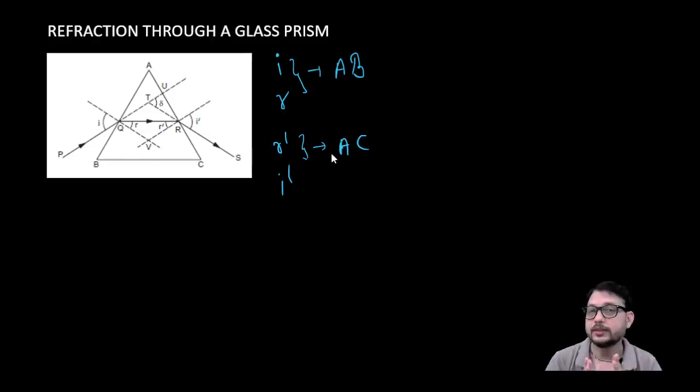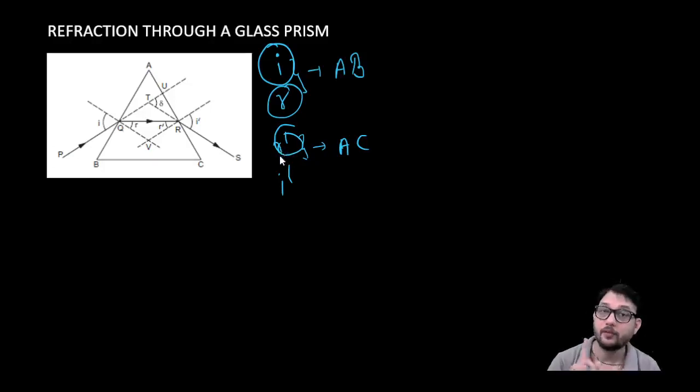Now these are symbols. You know very well that I is used for the angle of incidence and R for the angle of refraction. Here, I is the angle of incidence and R is the angle of refraction, but R dash is the angle of incidence for the interface AC, and I dash is the angle of emergence for interface AC.